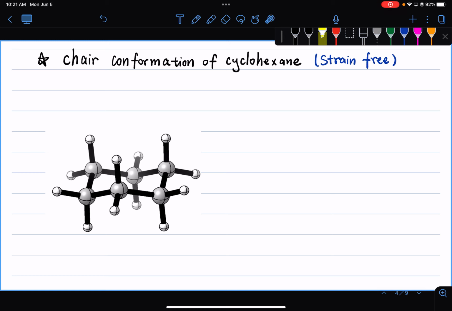I'm going to draw the chair conformation with you, and then we'll look at the Newman projection of this conformation, and hopefully it makes sense in your mind. Once you get the model, feel free to twist it and feel how flexible the molecule is. I'm going to pass another molecule here, also a chair conformation, so feel free to twist it around and see how flexible it is.